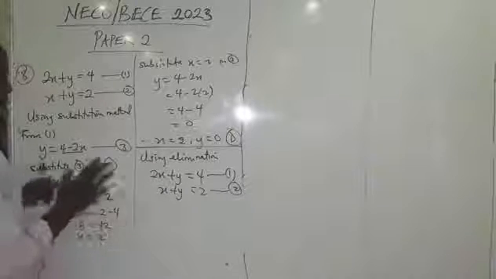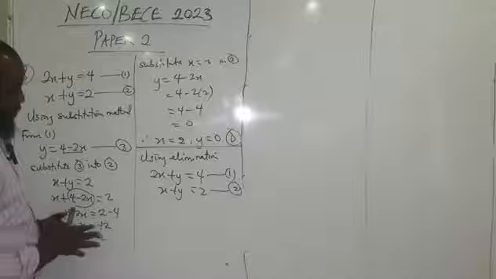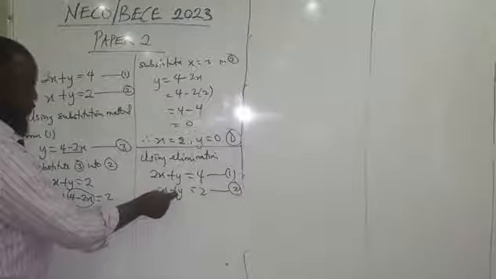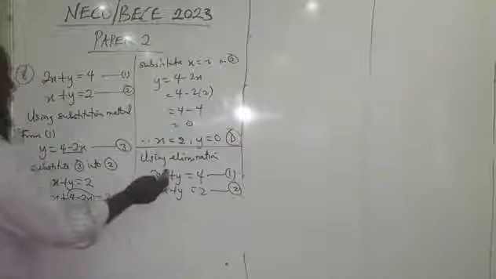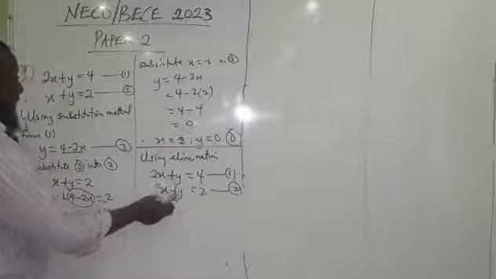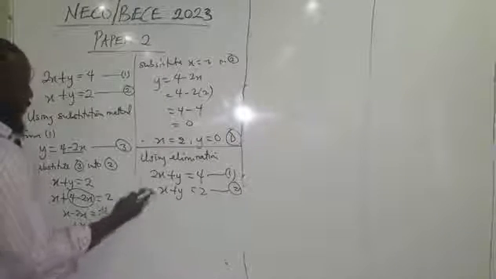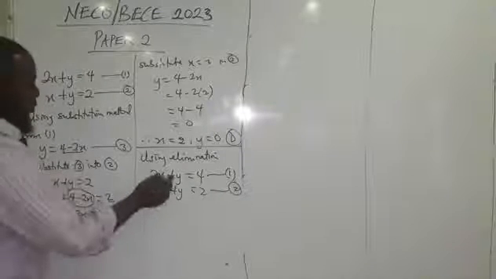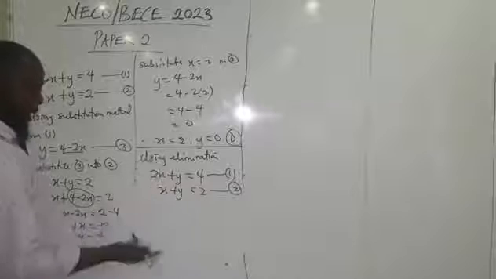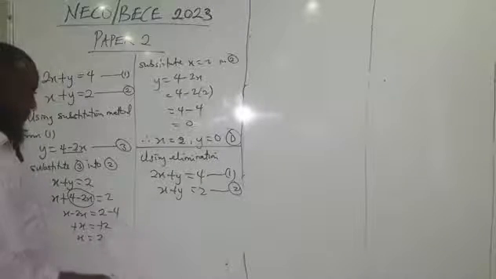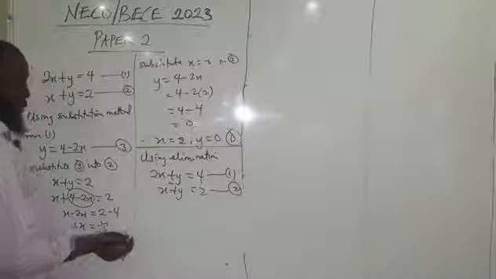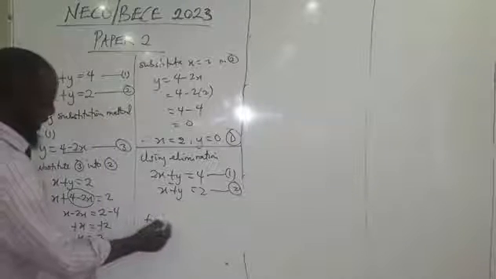So which one has the same coefficient in both equations? It's y, because the coefficient of y here is 1, and it's also 1 here. So what we have is plus y, plus y. So which operation am I going to do? Are you going to add or are you going to subtract? If you add, plus y will give you 2y. So the y will not be eliminated. But if you subtract, plus y minus plus y gives 0.